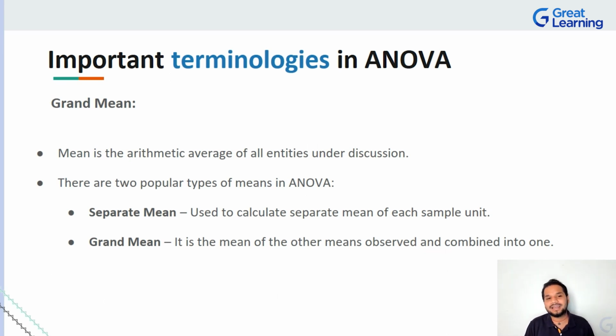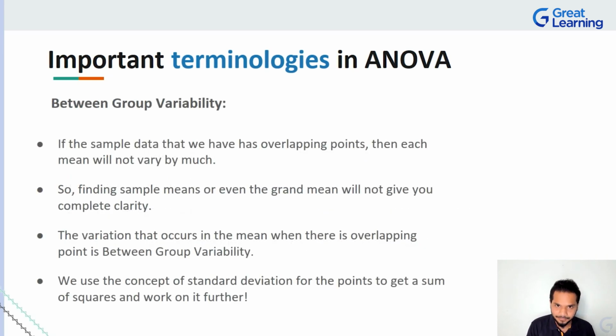What you have at hand right now is the grand mean. It's basically the average of all other averages that you have observed, combined into one big average, and that average is called the grand mean. That literally is what grand mean is, and it's as simple as that.